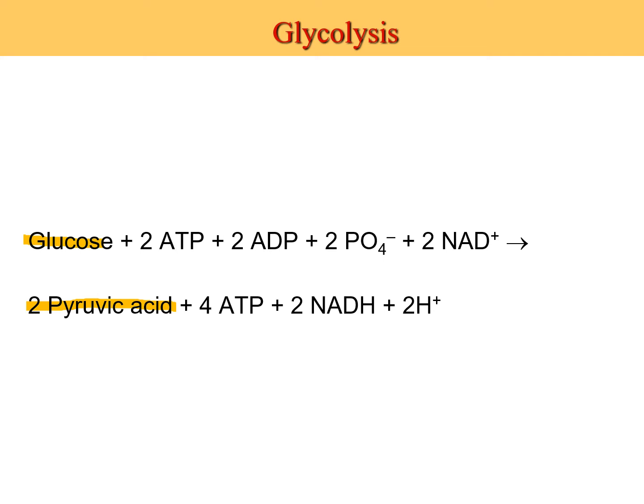That's where the 6 carbons are. Plus you have some ATP produced, right? And you have some NADH produced, right? It says 4. Yeah. Okay, let's move on.